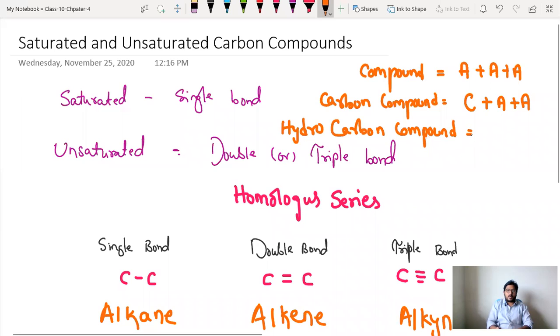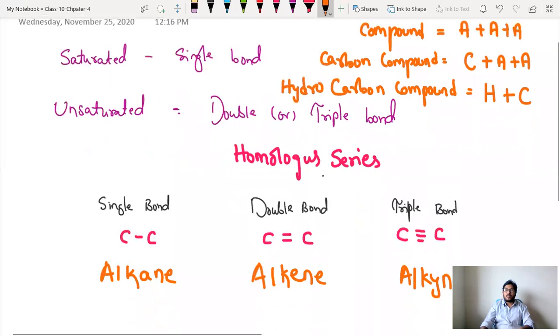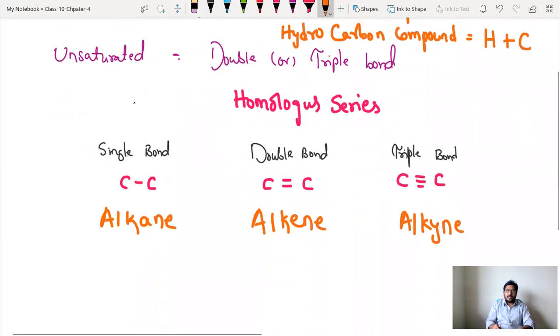What is hydrocarbon compound? In a compound, if you find only hydrogens and carbons, that's it. There should not be any extra atom, no oxygen, no chlorine, nothing. If you find hydrogen and carbon in a compound, that is known as hydrocarbon compound. Now we need to discuss about hydrocarbon compound which has homologous series.